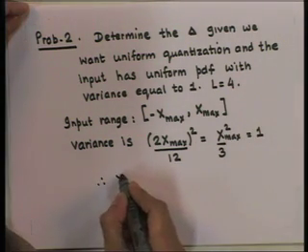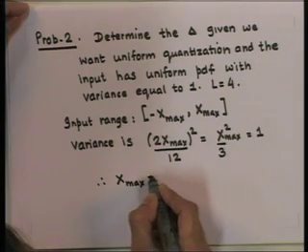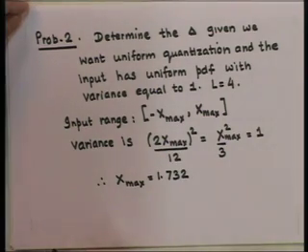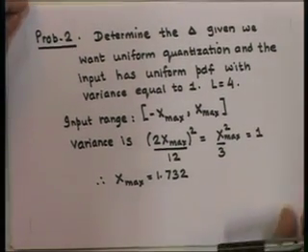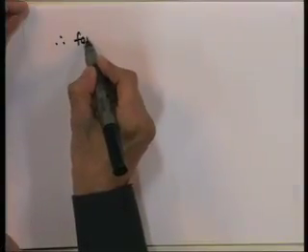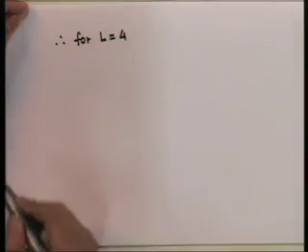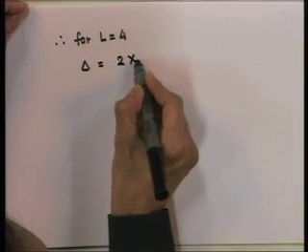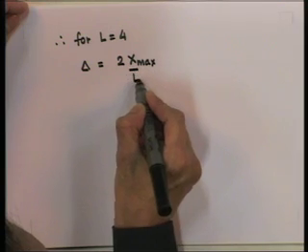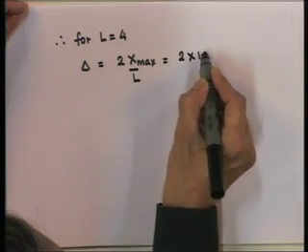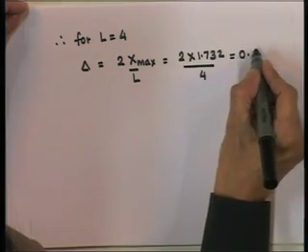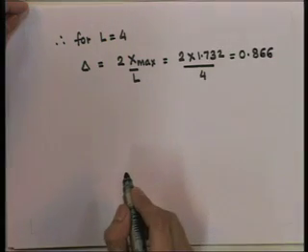Therefore, it implies x max is equal to 1.732. Therefore, for L equal to 4, we get the step size delta equal to twice x max by L is equal to 0.866.